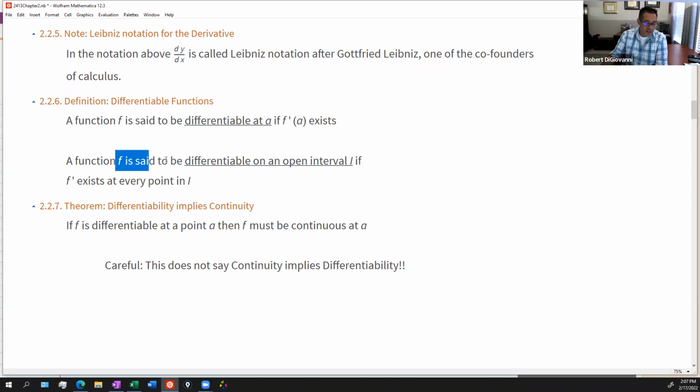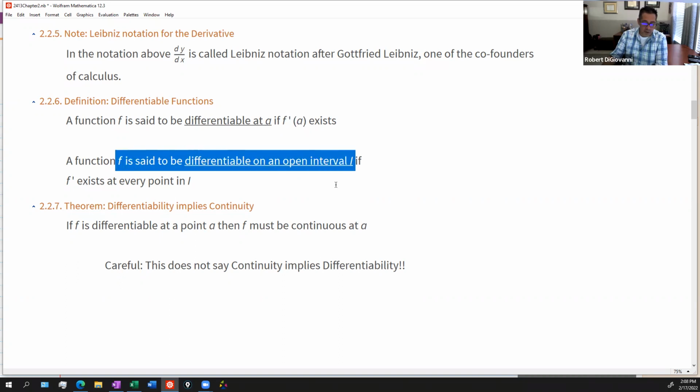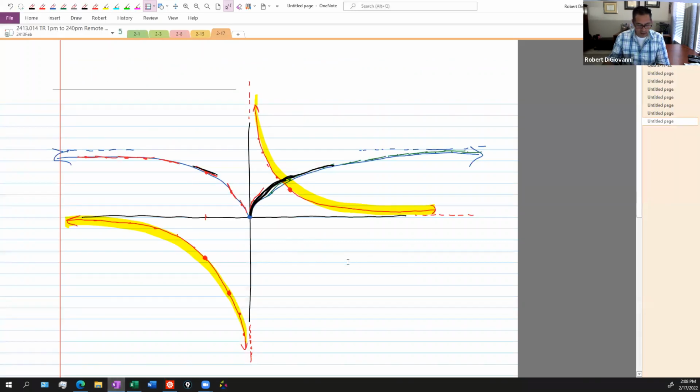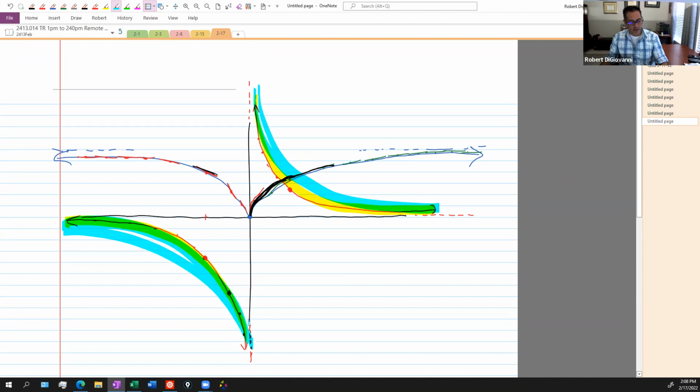A function is said to be differentiable on an open interval if its derivative exists at every point in the interval. And in most of the examples we've done today, our function was differentiable on intervals. So if I go back to this example here, notice the derivative exists over here and the derivative exists over here, right?